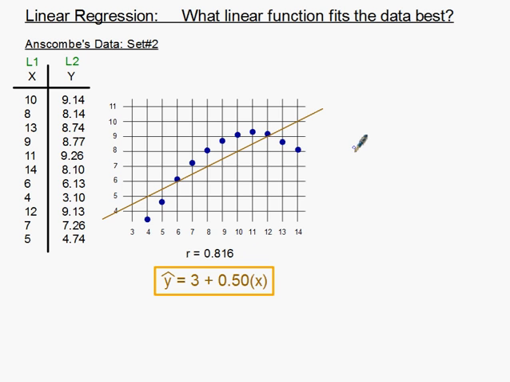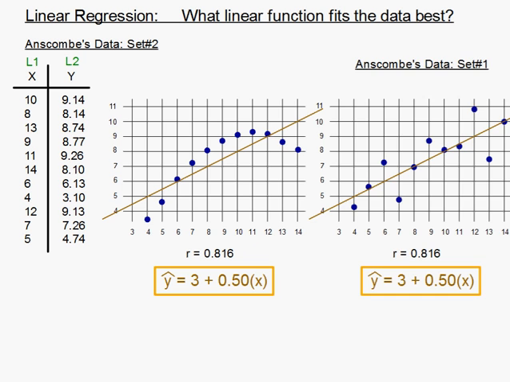And if we compare that with what we did before, with Anscombe's data set number 1, look, the correlation coefficients are identical, and in fact, the linear regressions are identical. That's the cool thing about Anscombe's data. There's actually 4 data sets, and they all come out with the identical R and the linear regression, which is pretty cool.